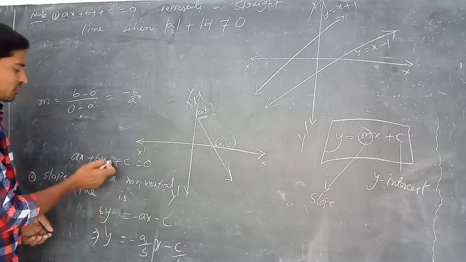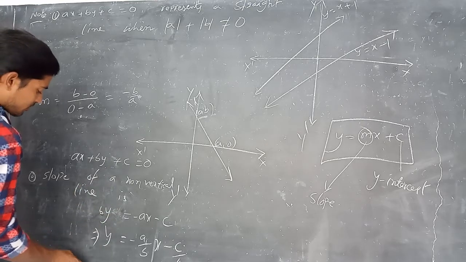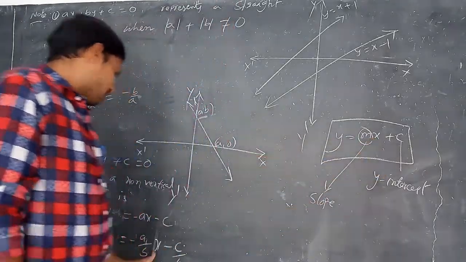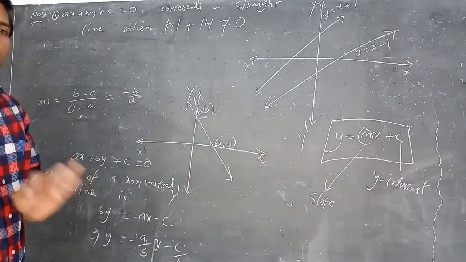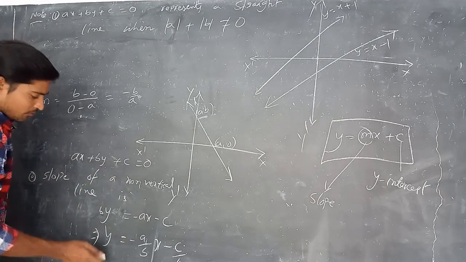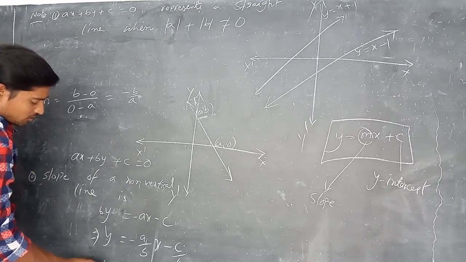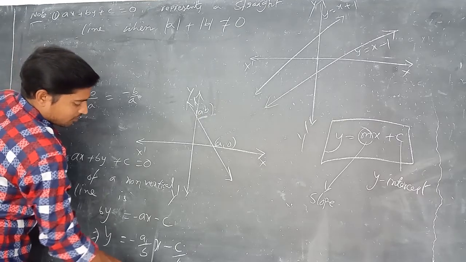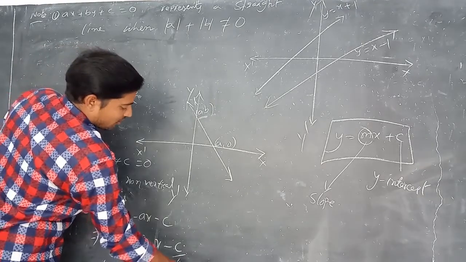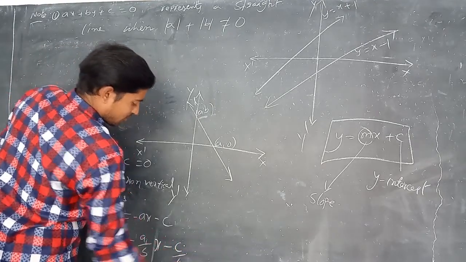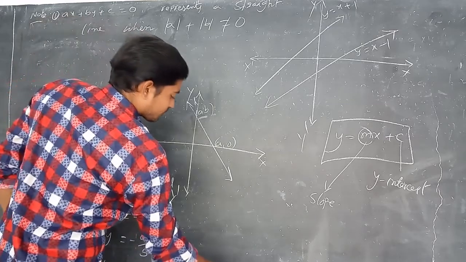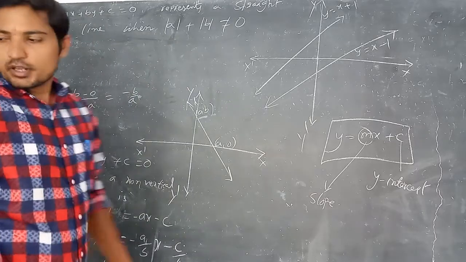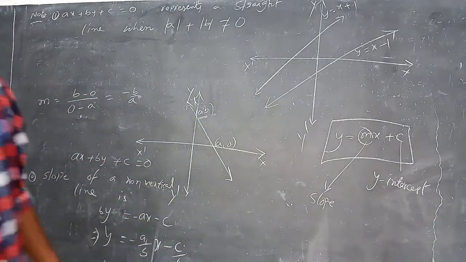Here the x coefficient is the slope, so the slope of the given line is minus a by b. That implies the slope of ax plus by plus c equal to 0 is minus a by b. That is the slope intercept form of a line.